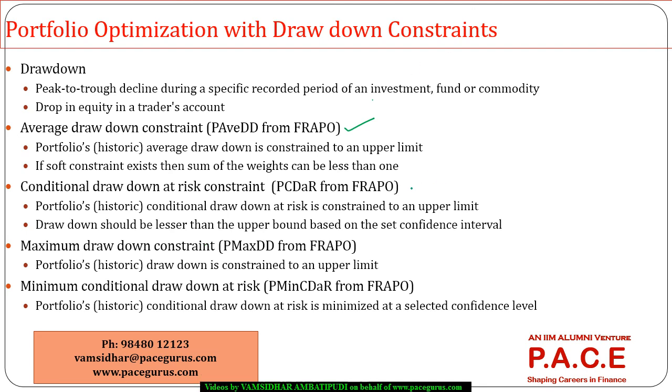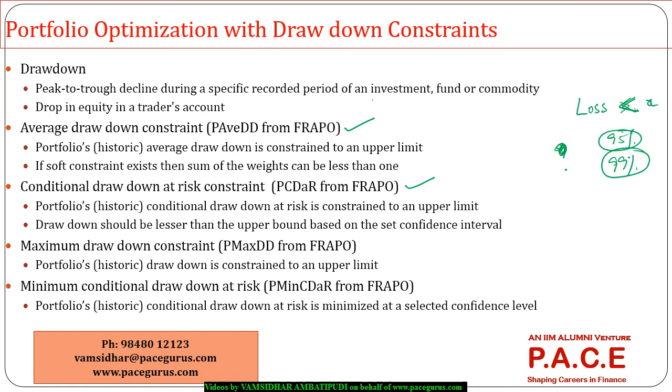I'm talking about conditional drawdown at risk. So based on my historical data, I will set that the drawdown, the loss of the value, cannot exceed or should be less than some specific value x in 95% of the cases or in 99% of the cases.